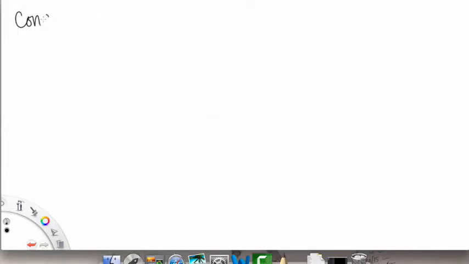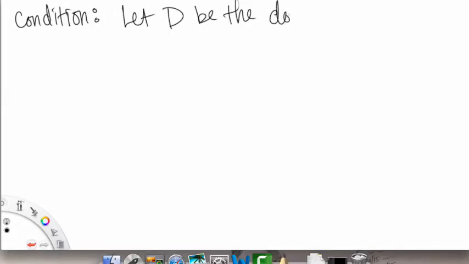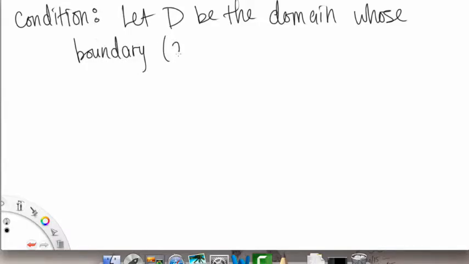So the important condition for Green's theorem is that we have to let D be the domain whose boundary, and I'll explain all of this, we denote with this symbol. I don't know what to call that.